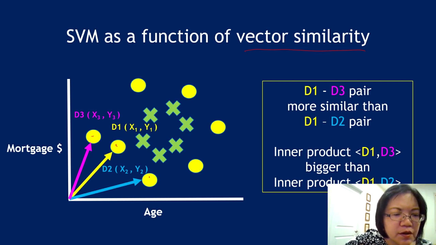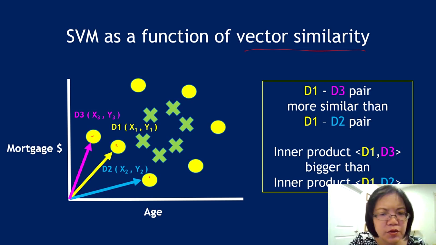This has a bigger theta, and this has a smaller theta, so D1 and D3 are more similar. That means the D1, D3 pair should have a bigger inner product than D1, D2.